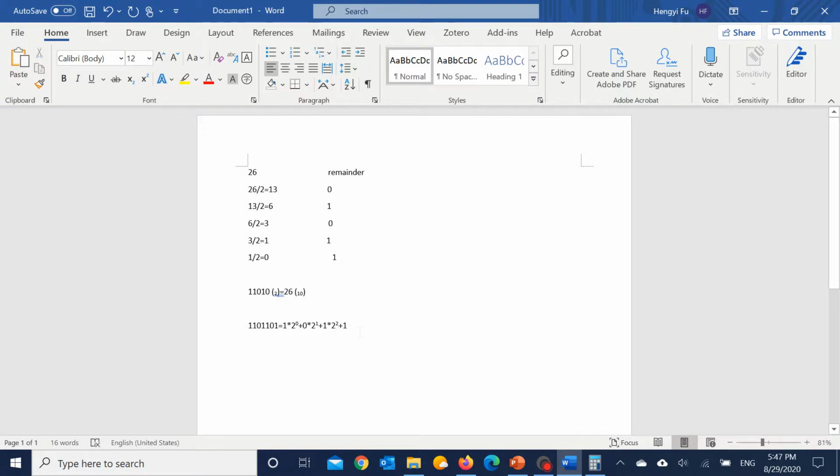This one multiplied by 2 to the third power. We have another 0 here. This 0 should multiply by 2 to the fourth power. And we have another 1 here. This one multiplied by 2 to the fifth power. And finally, the last one multiplied by 2 to the sixth power.